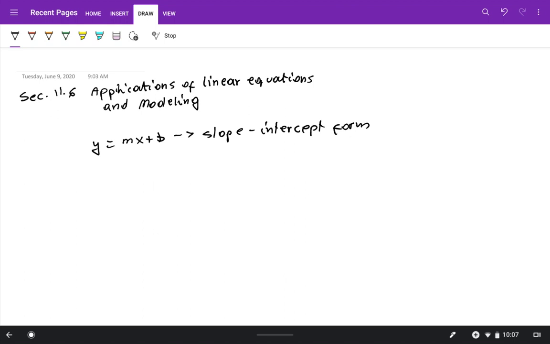And when we're solving word problems, what is important is that the slope, again our coefficient in front of x, is called a rate of change.